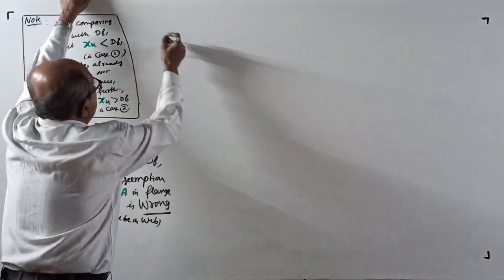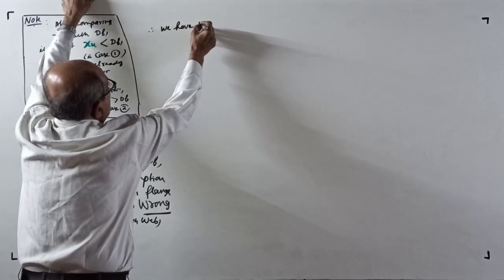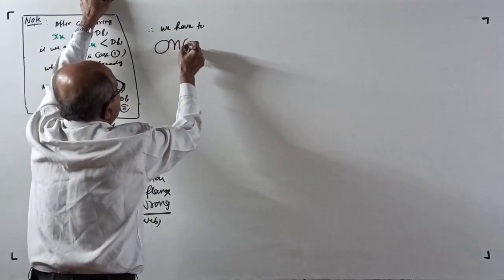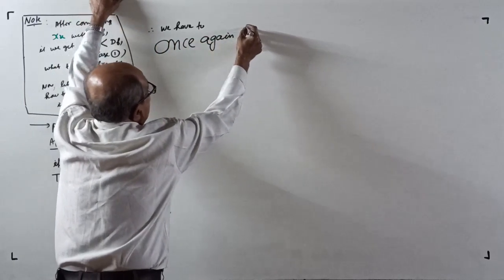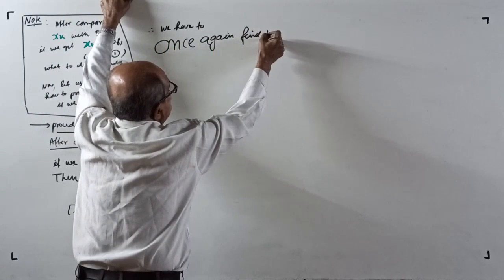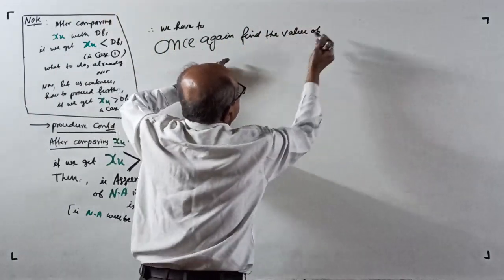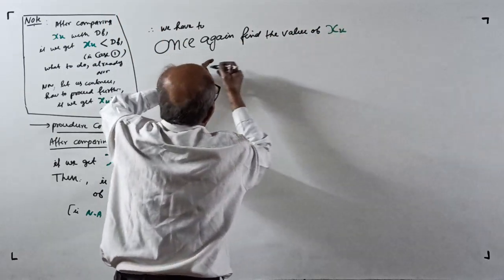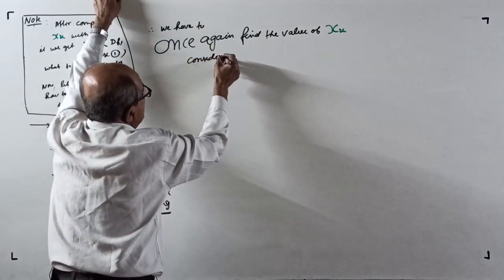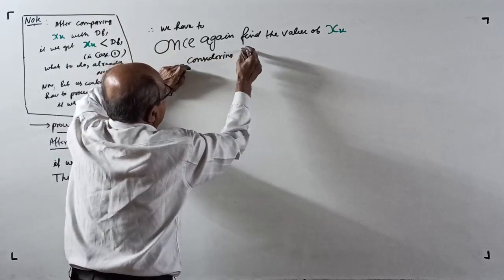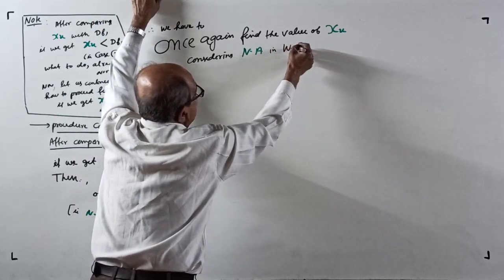Now, therefore, we have to once again find the value of XU, considering neutral axis in web.